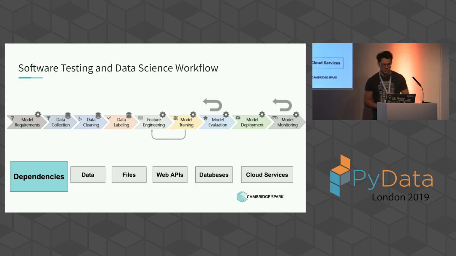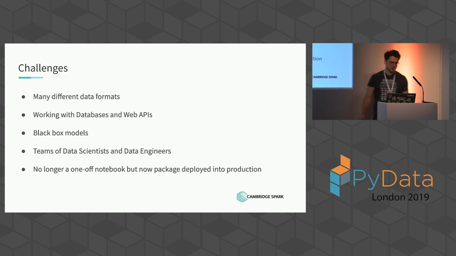Those behaviors might change. Databases and cloud services. So there's a ton of complexity from here's a data set to a model that is deployed in production. And that makes our life a lot harder as data scientists when it comes to proving that our work is functionally correct.